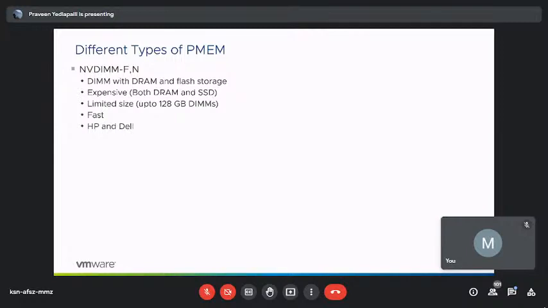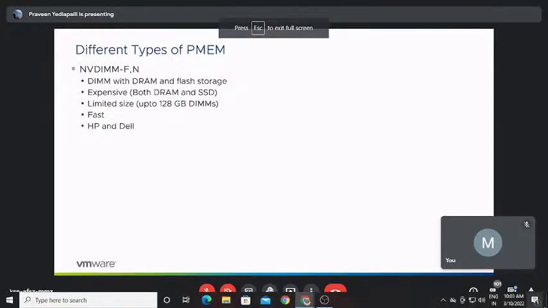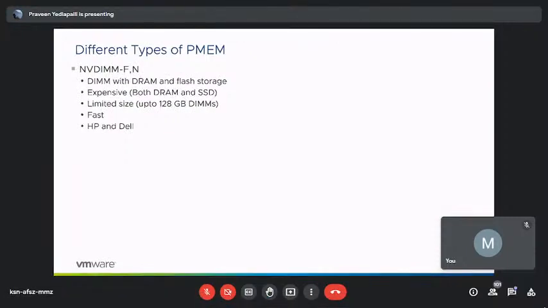So every time there is a power off, it moves all the data from the DRAM to the storage. And when you power the system back on, it brings all the data from the flash storage back onto the DRAM locations. So it looks like when you power off and power on, you still have all the data that you put on the DIMM because of this flash storage.